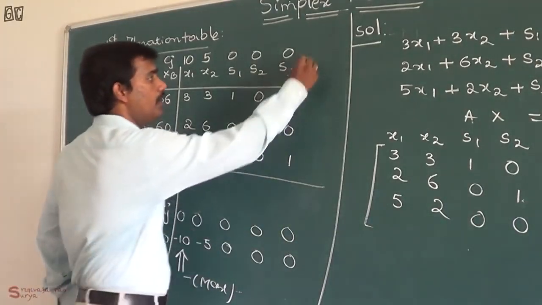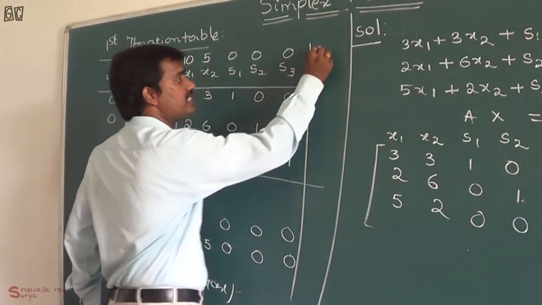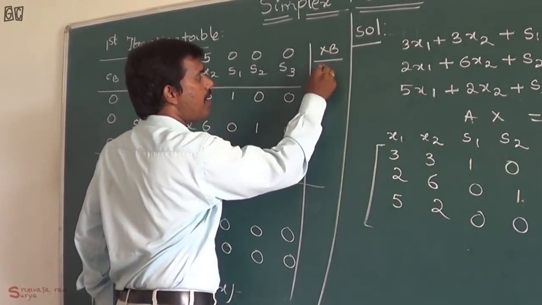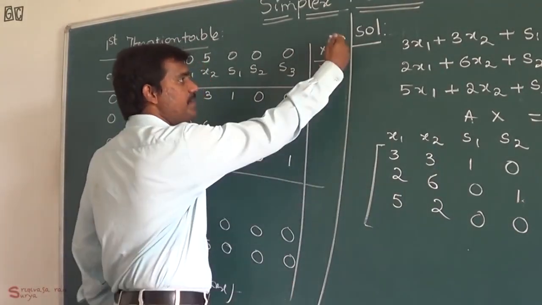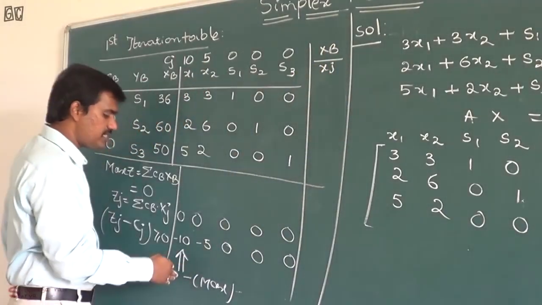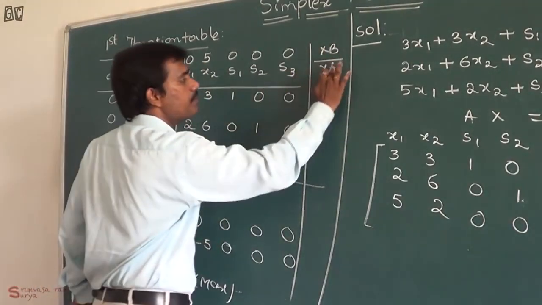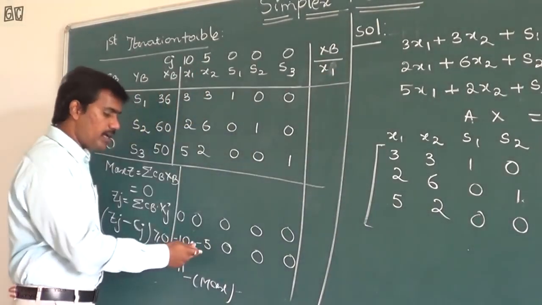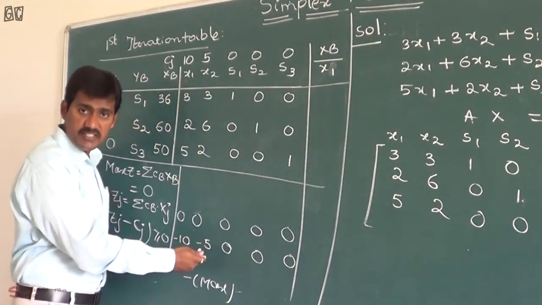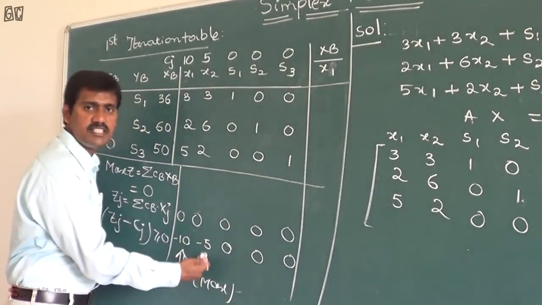After this we have the minimum ratio rule. The minimum ratio rule is XB by XJ. So j here, this arrow will indicate x1. So I am writing XB by x1. For example, if you have minus 15 here, we have to consider this value.